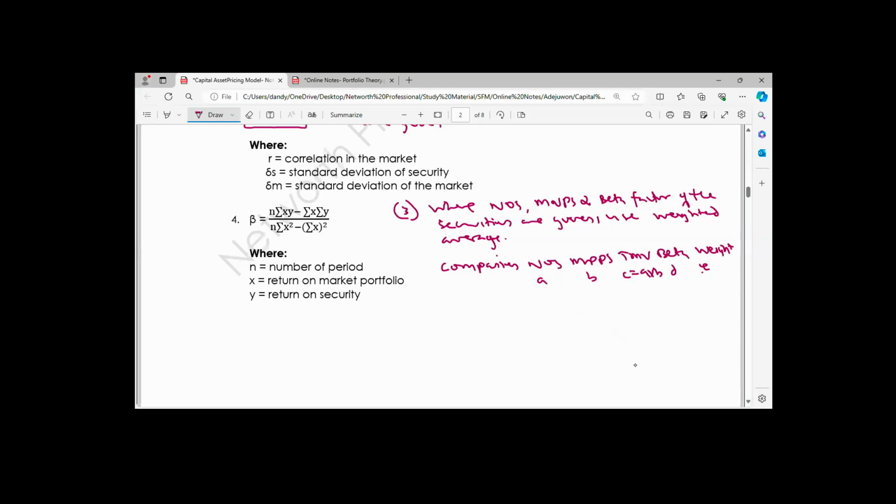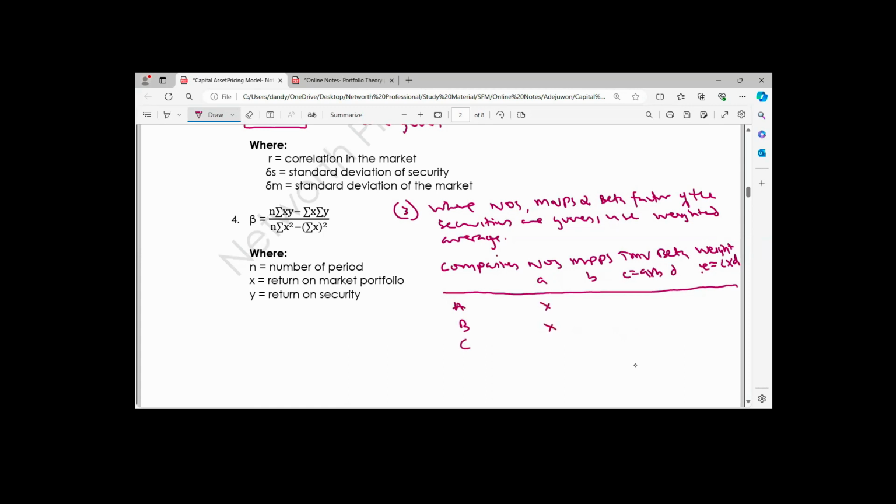All right, E will then be equal to C times D. Therefore, I will create, let's say we have securities A, B, and C in the portfolio.